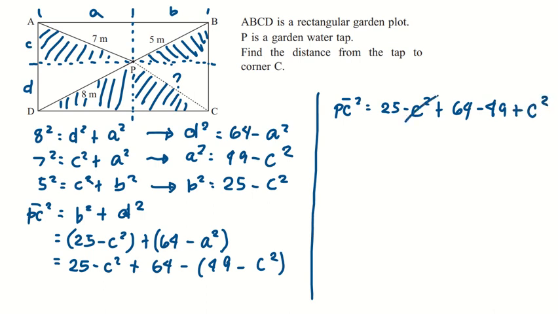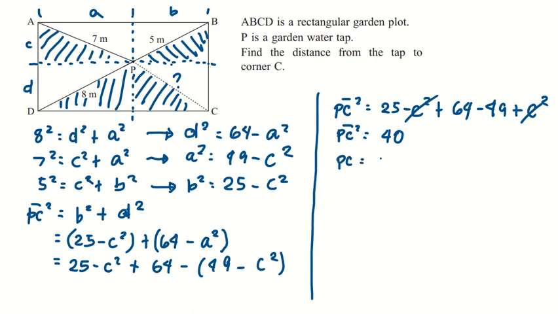We can cancel these two because they are the same term, same coefficient, and opposite sign, so that equals 0. So what's left is 25 plus 64, which is 89, minus 49, and that's 40. So PC squared equals 40.